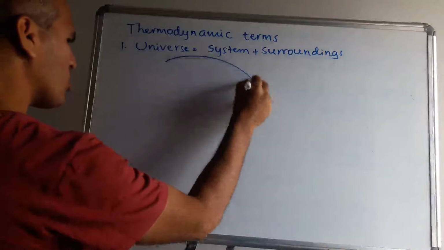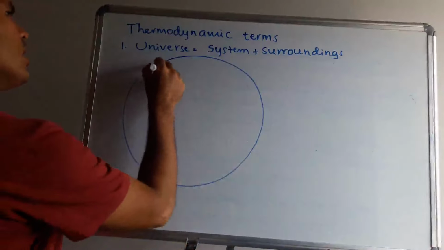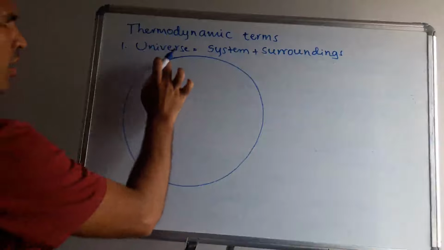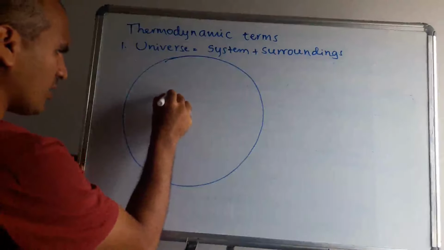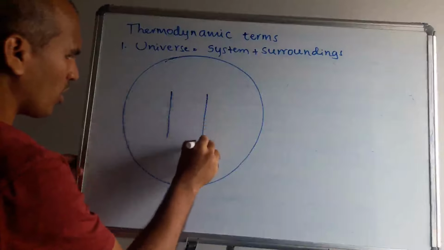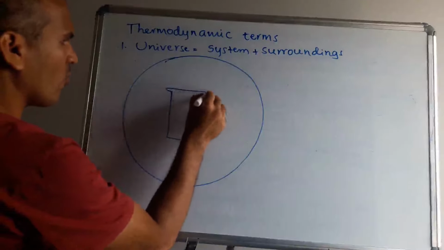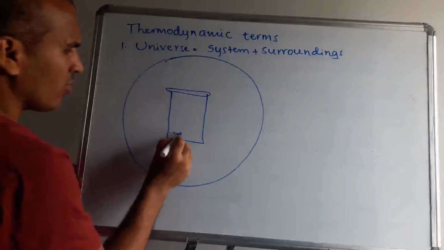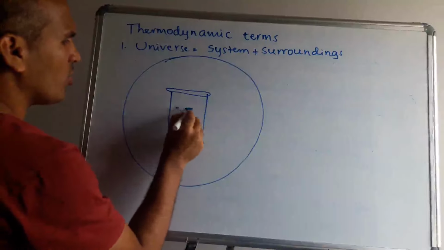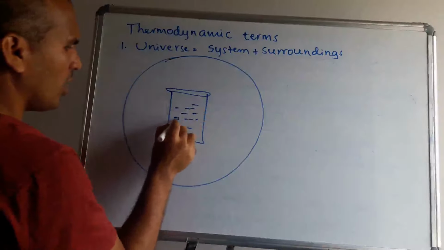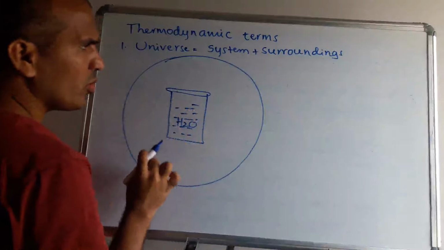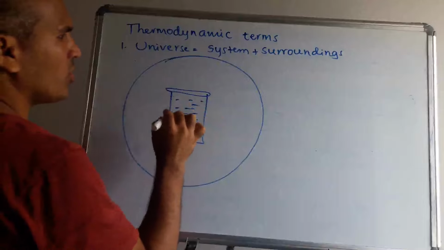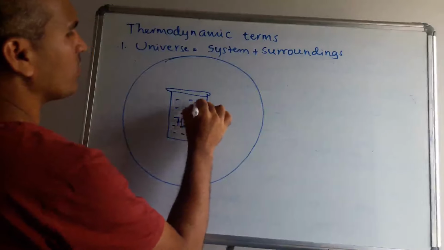Now consider this total is the universe, like our universe. Now in this beaker we have water molecules. Consider this is a beaker, this is water, H2O. This H2O I want to consider as the system.